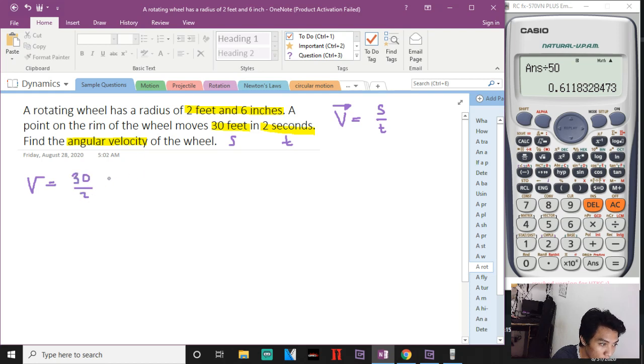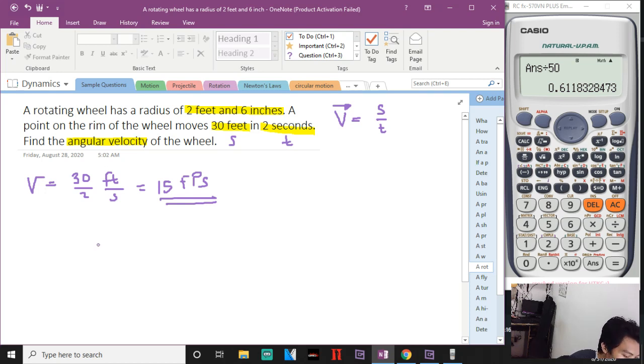Now, take note, feet tapos second. This will be 15 fps, 15 feet per second. Okay. Now, you have the velocity. Paano mo naman makukuha yung angular velocity?